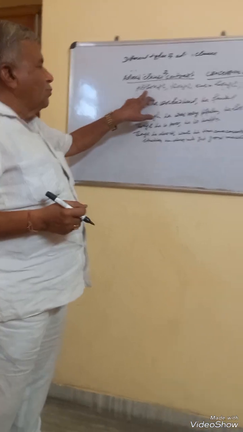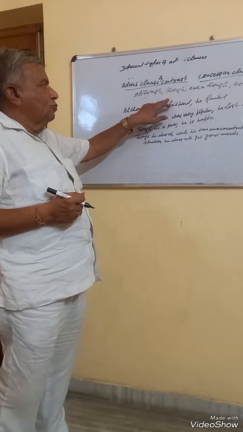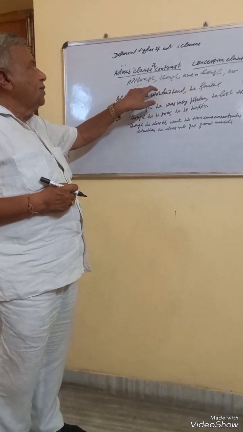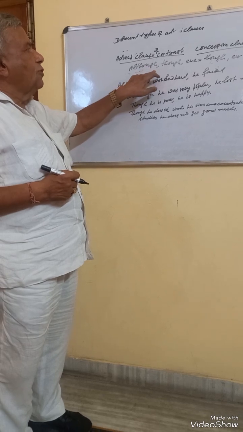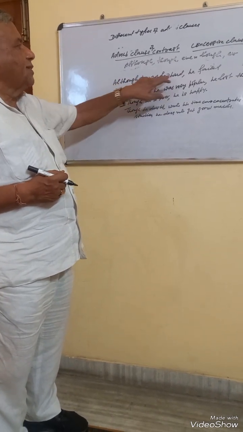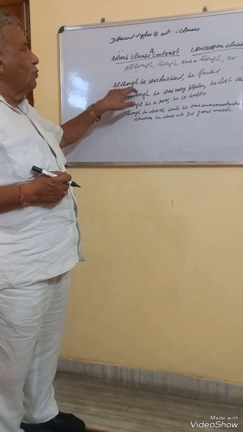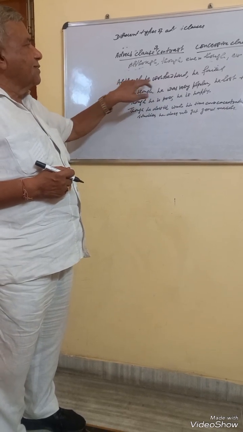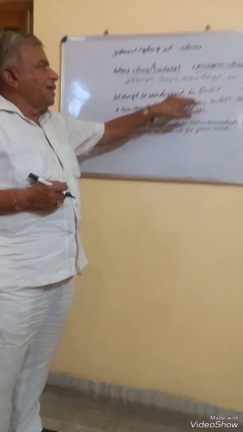So these are the subordinate conjunctions, although, though, even though, which are used to form the adverb clause of contrast. And in this sentence, although he worked hard is an adverb clause of contrast, since the result is he failed.